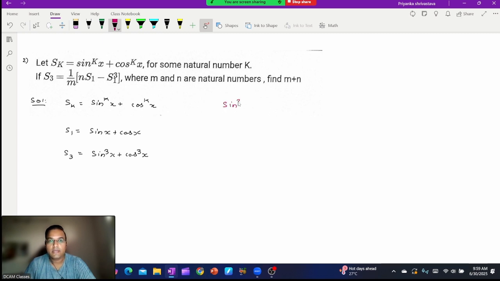So sine cube x plus cos cube x is equal to 1 by m into n into (sin x plus cos x) minus (sin x plus cos x) whole cube.